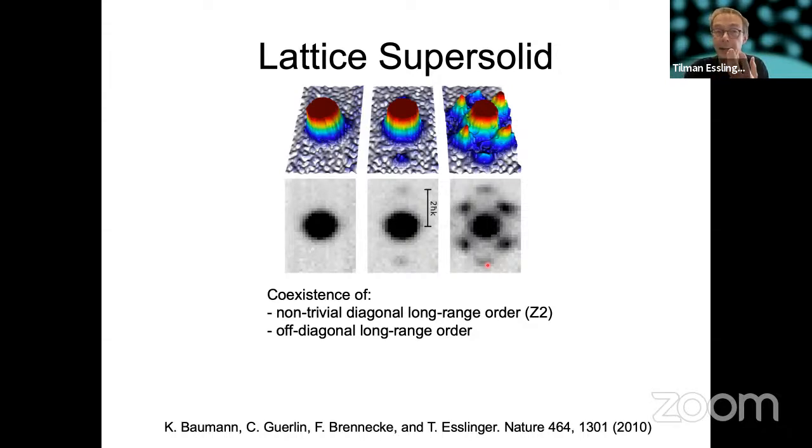We will see later that you may also break a continuous symmetry. But here it's discrete, and that's why the adequate term is a lattice supersolid. So the system can find its structure either on the even or on the odd arrangement.